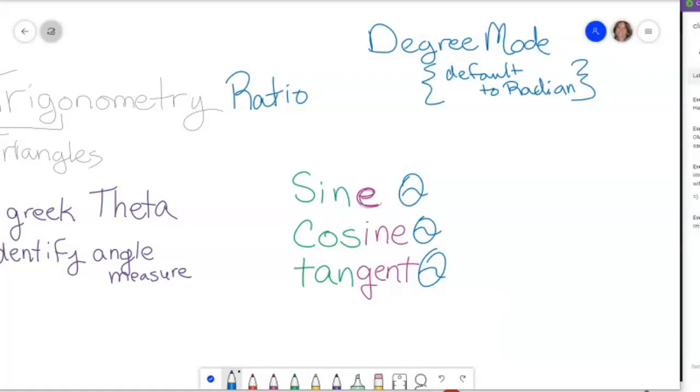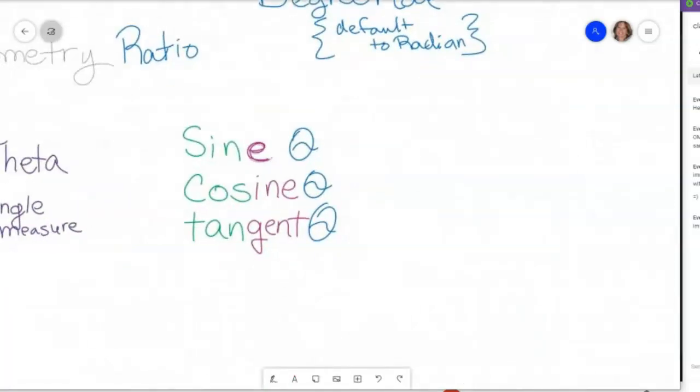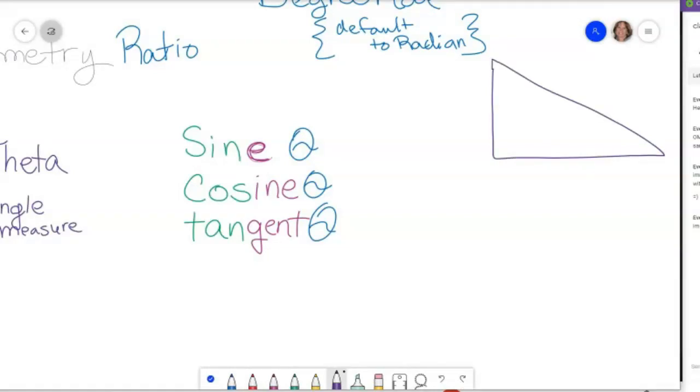Now, when we're dealing with these ratios, we are dealing with right triangles. So for instance, if I have a triangle, and I'm just going to use a default triangle here, and because I know it off the top of my head, I'm using the Pythagorean triple of 6, 8, 10.